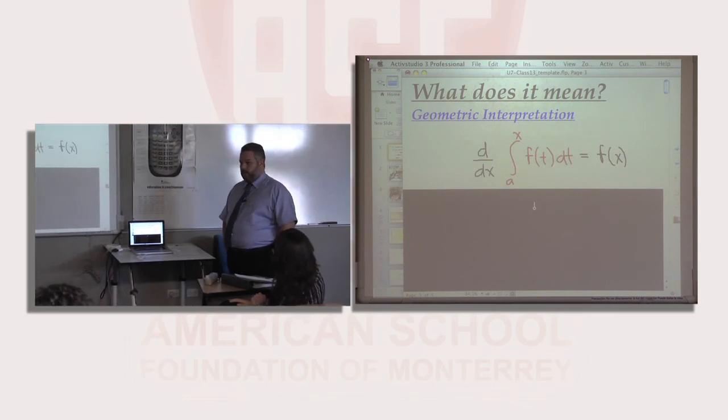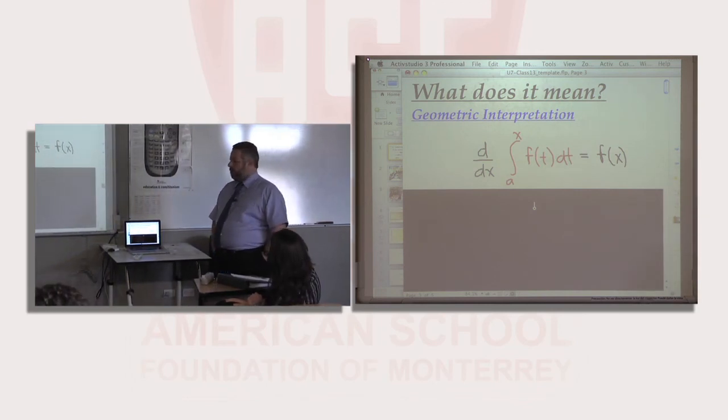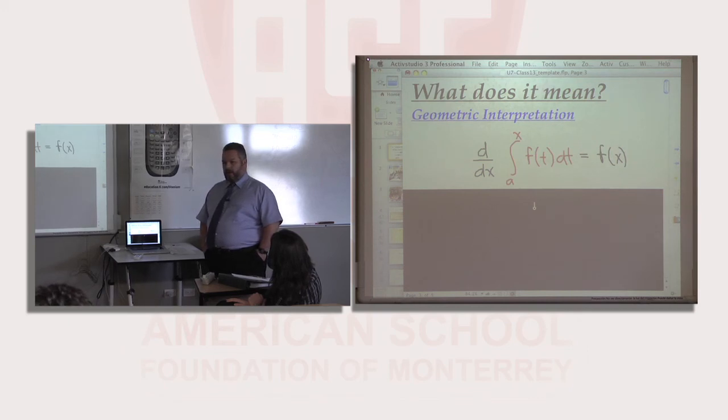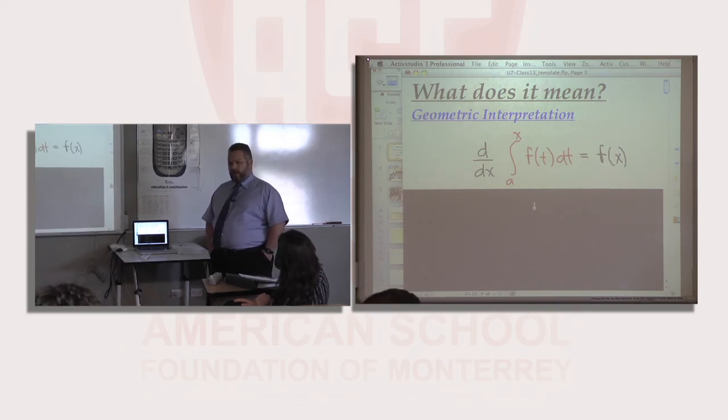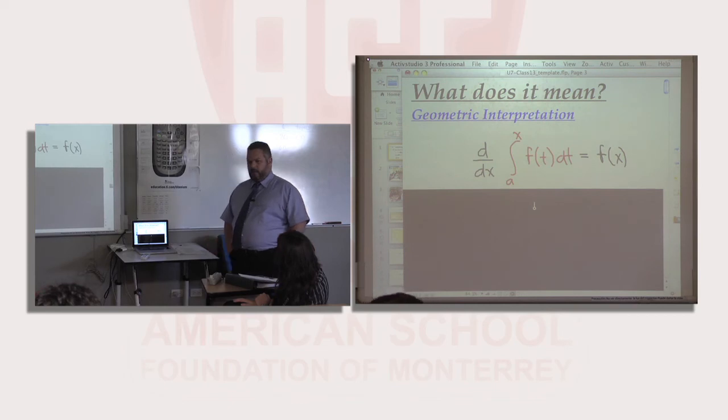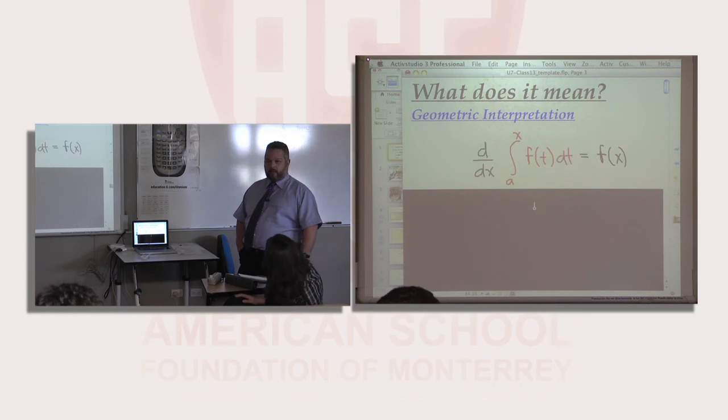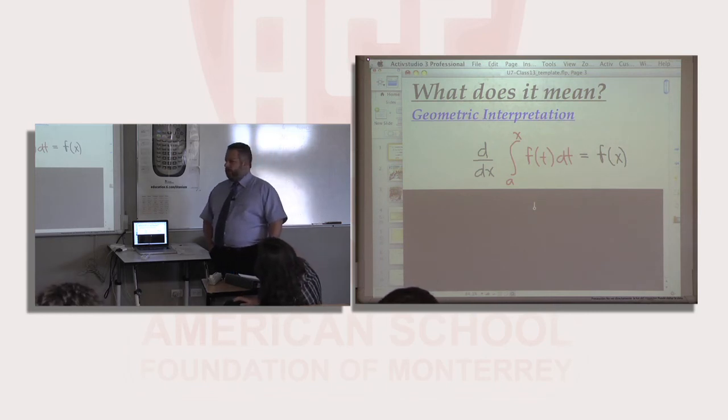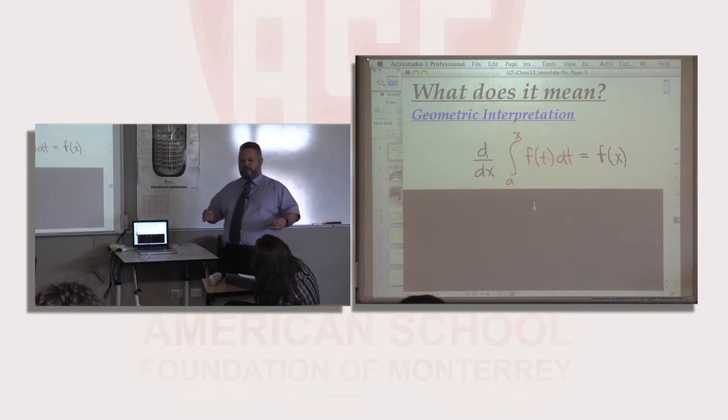Okay, keep going. And the x-axis? If I got f at t, and the t-axis. I would have to have a t-axis now, right? So this is going to give me the net signed area between the curve f of t and the t-axis.